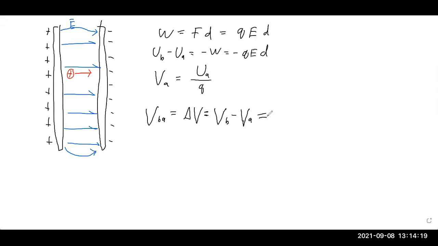So our voltage or our change in potential is how much our potential energy changed per charge that was moved, or minus how much work was done per unit charge.